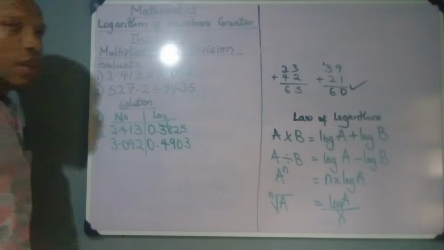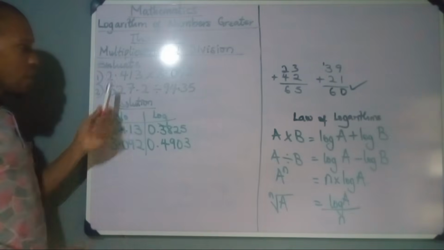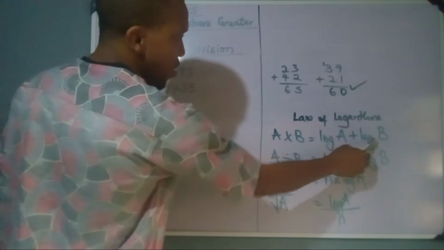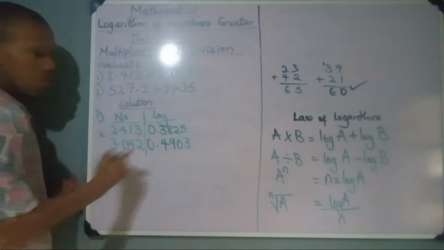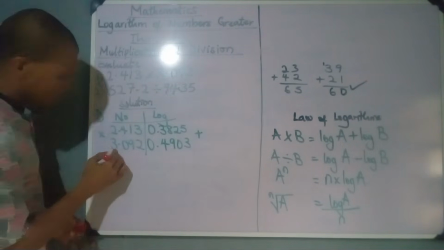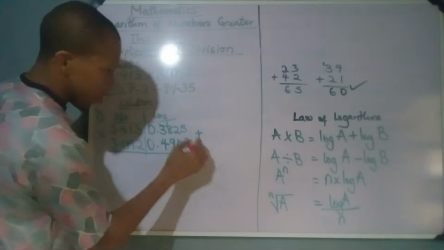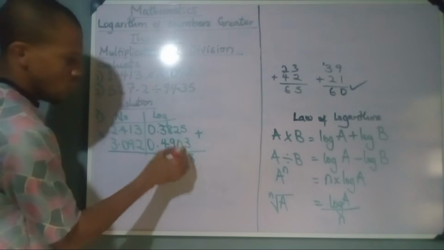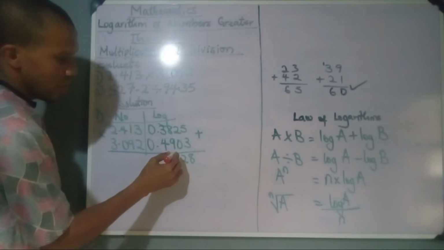After obtaining the logarithms, don't forget, when you're multiplying two numbers, in logarithm it is the same thing as adding their logs. So we're going to add these logs, and that will give us 5 plus 3, 8, 2 plus 0, 2, 8 plus 9, 17.